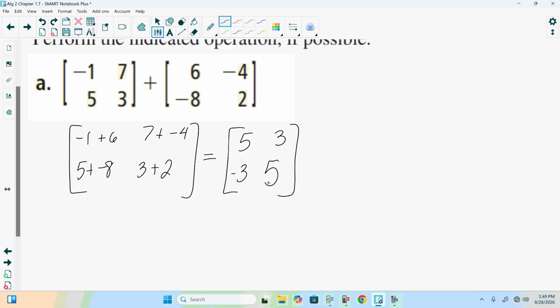Negative 1 plus 6 is 5. 7 plus negative 4 is 3. 5 plus negative 8, 5 minus 8 would be negative 3. And 3 plus 2 is 5.